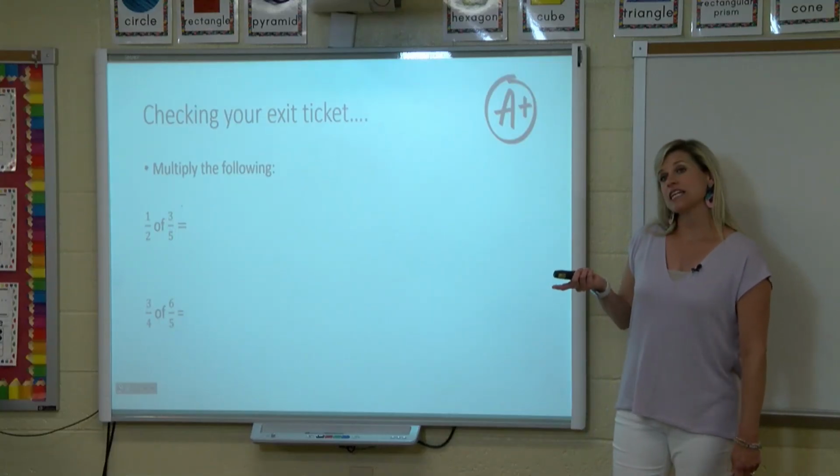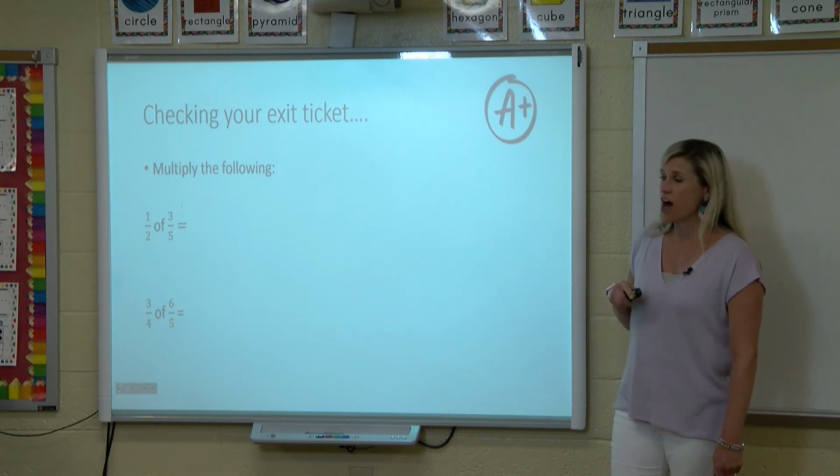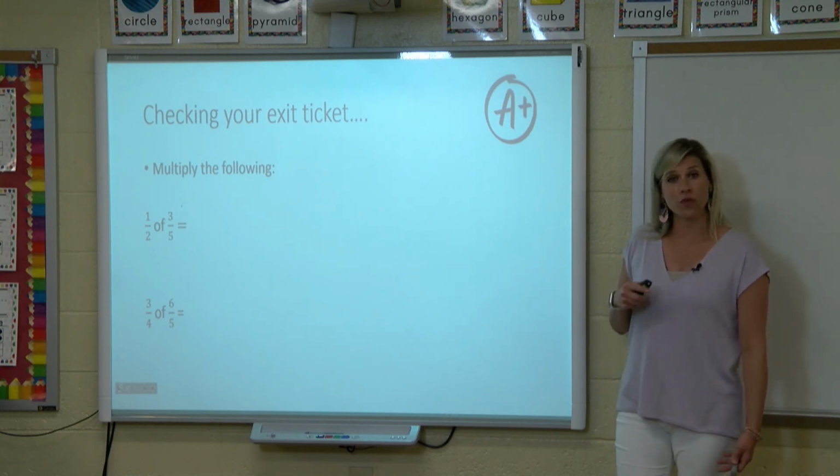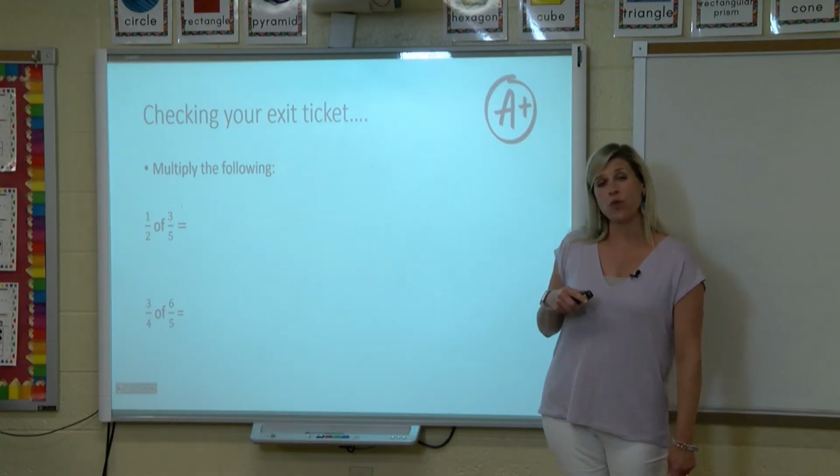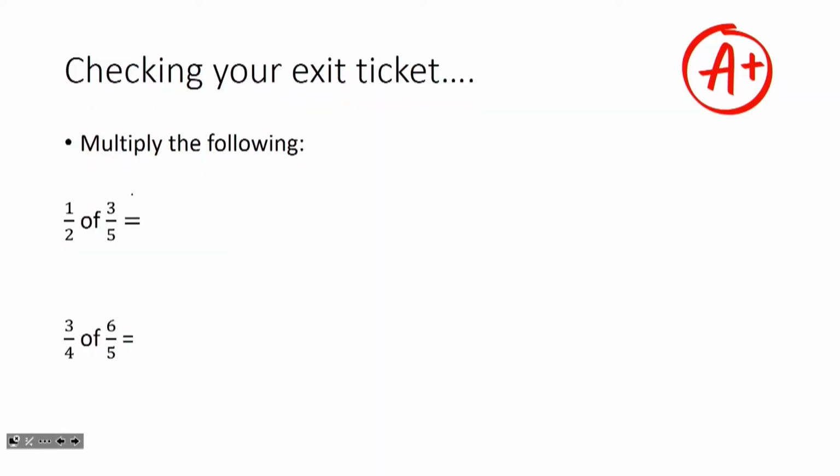Let's look at our exit ticket from Thursday. On Thursday, I asked you to multiply the following: half of 3/5 and 3/4 of 6/5.